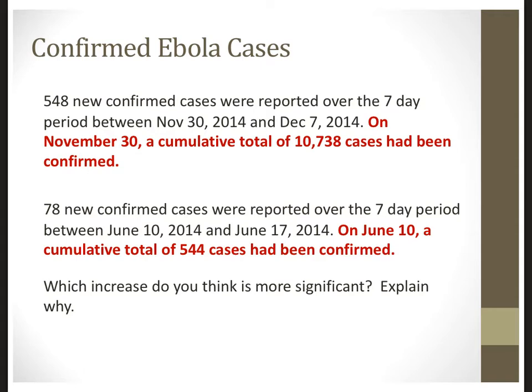So for example, in December, we were much further into the spread of Ebola, so there were lots more cases. There were over 10,000 cases reported at that point. In June, it was much earlier in the spread of the disease. There were 544 cases that had been reported at that point. So let's calculate, based on this information, what were the percent changes over these 2-week periods.